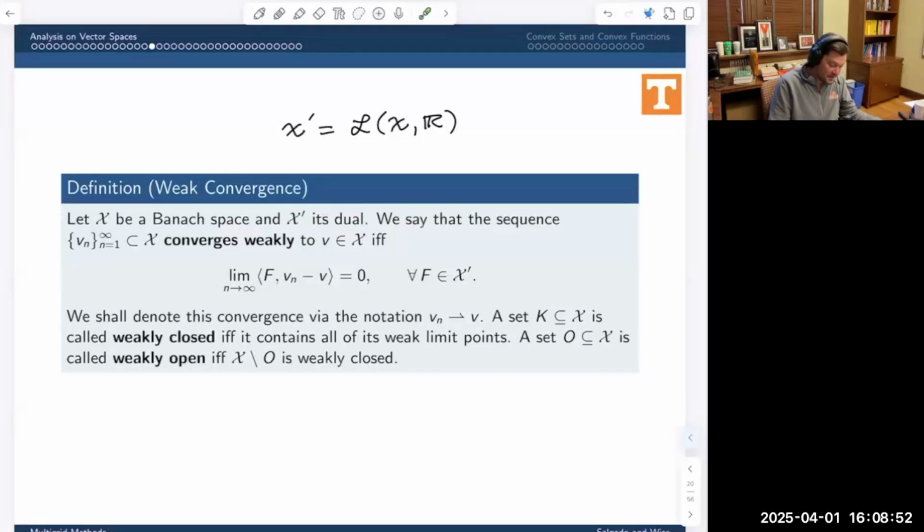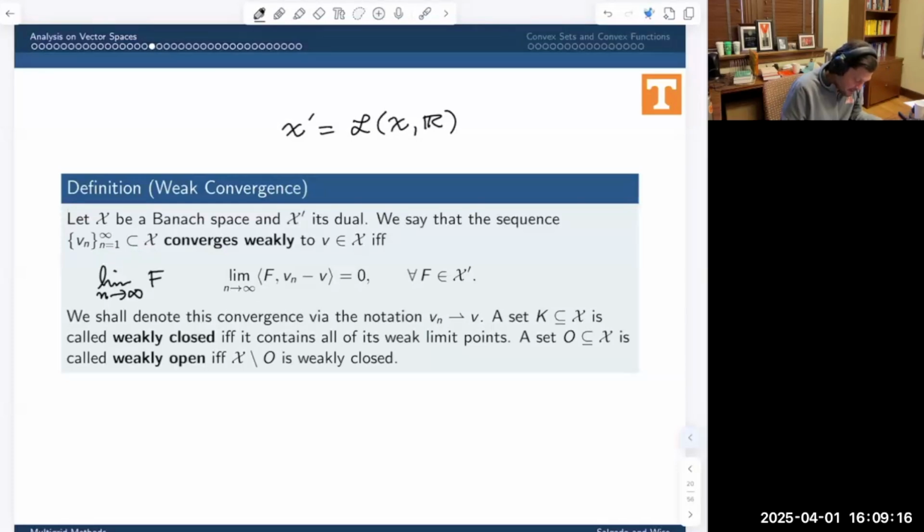We say that the sequence Vn in X converges weakly to a point V in X if and only if the dual pairing, remember this was our symbol for what's called dual pairing. If you don't like that notation, you can write its alternative form, which is a little less confusing.